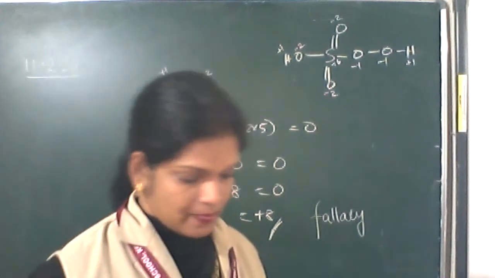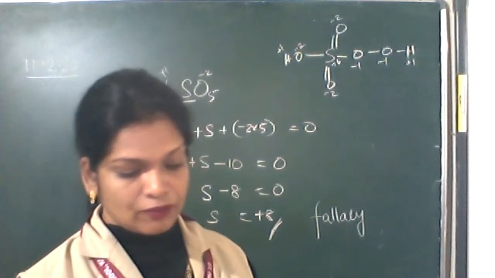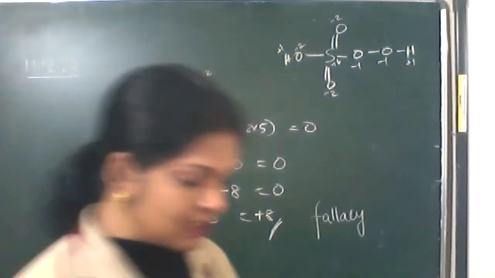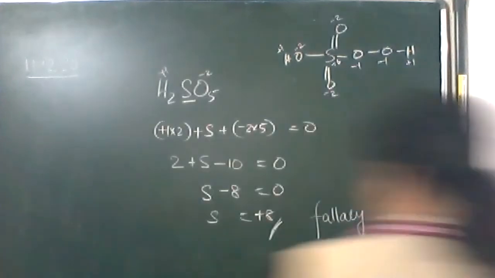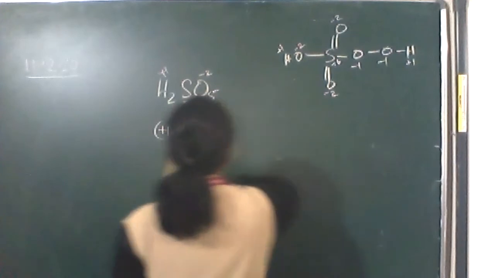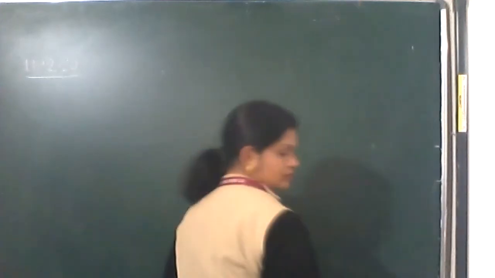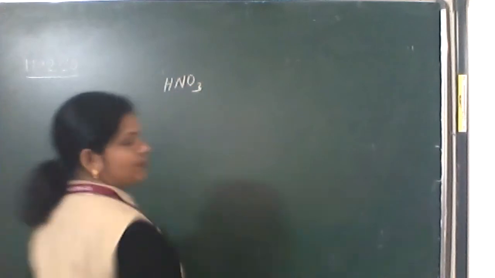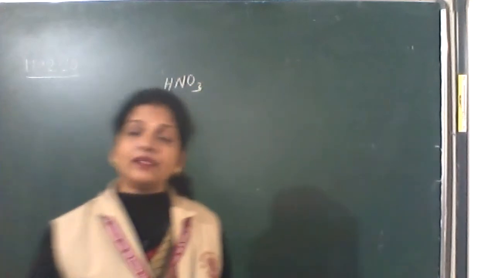Next question. Find the oxidation state of N in HNO3 and account for the fallacy if any. Nitrogen has got 5 electrons in the outermost shell.